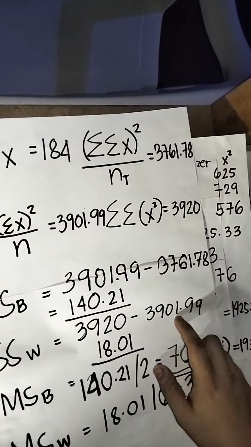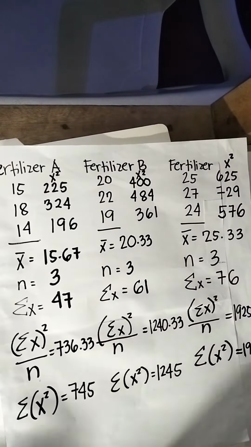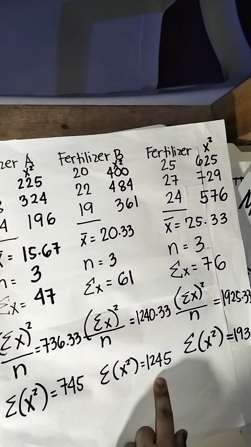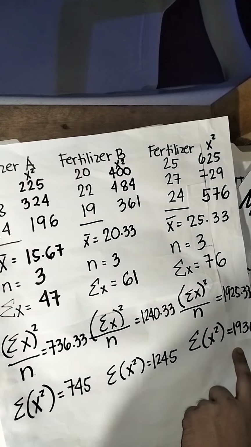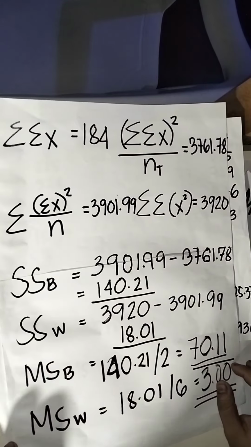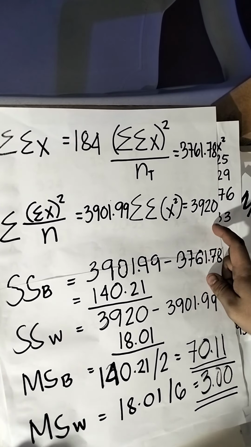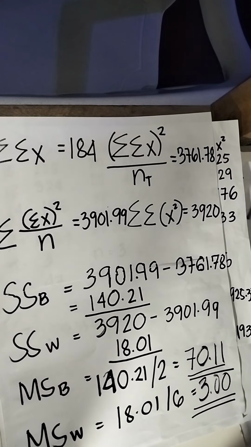So to get the summation of x squared, we add 745, 1,245, and 1,930, and you will get the result, which is 3,920.